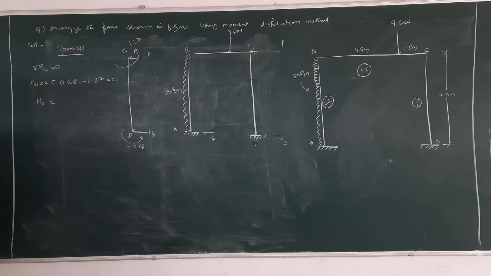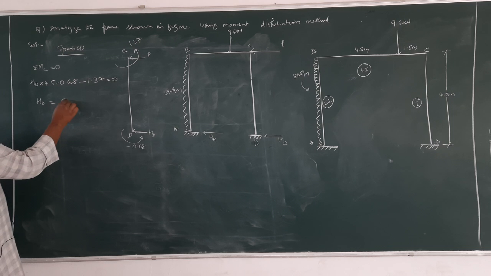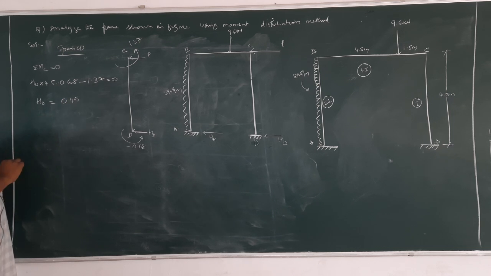Tell me the correct value. 0.45, 0.455 or 55? 45, okay. Plus or minus? Plus. Okay. 0.45556, whatever it may be.